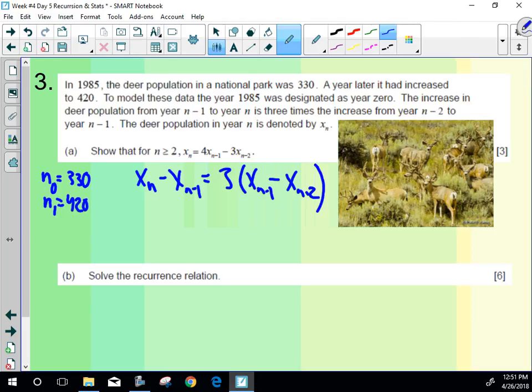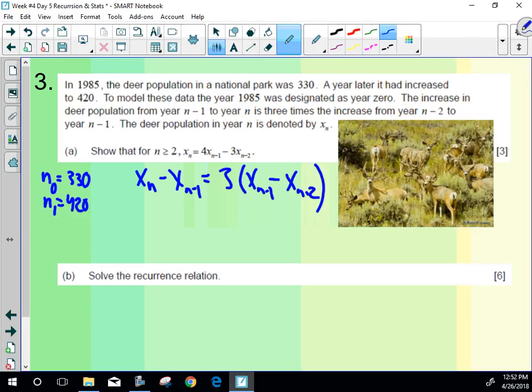So we're just subtracting X of N minus 1 minus the previous. From this one to previous is 3 times this one to previous. What does that make you think of as far as a relationship? Exponential, right? So don't you think there'll be exponentials in this answer?